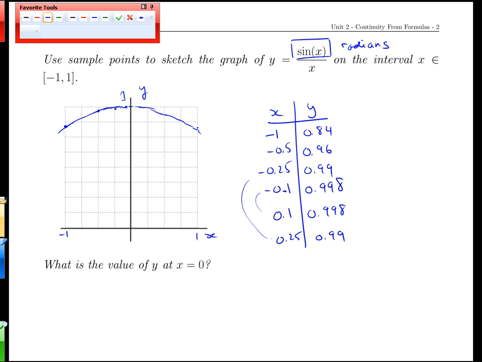And that's all smooth looking, except we know that at x equals 0, there's going to be a problem. Sine of 0 over 0, that's 0 over 0. We cannot actually divide by 0 and get a value back. That's illegal. Anytime we have a divide by 0, we're not going to get a specific value back.